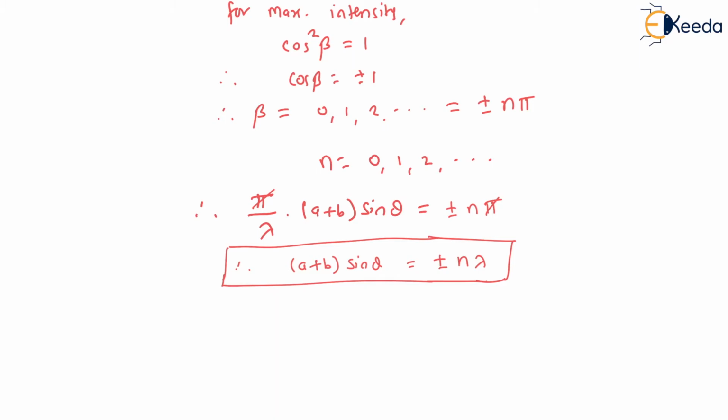Now see, if n equal to 0, then sine theta will be equal to 0, which means the value of theta is 0. So when n equal to 0, theta is also equal to 0. That means the central maxima of the interference pattern will be observed along the direction of incident light. Here theta is 0, so interference is maximum.